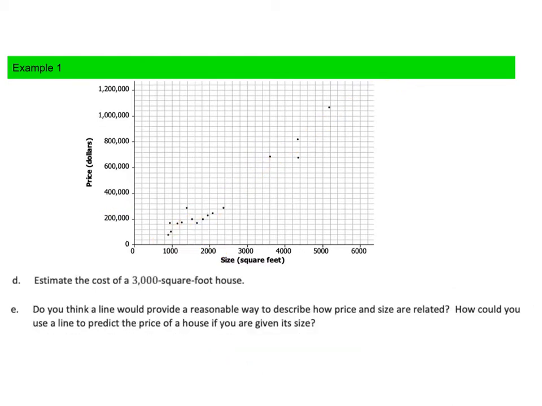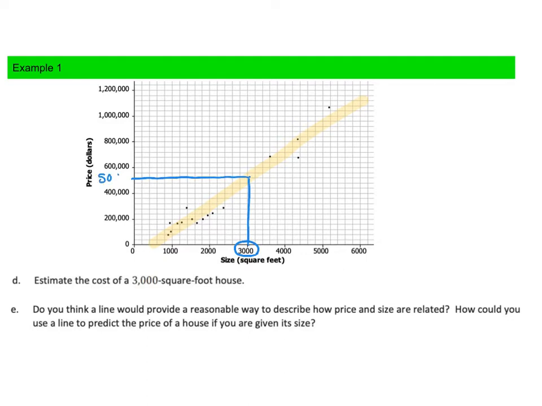All right, based on that line of best fit, it wants us to estimate the cost of a 3,000 square foot house. So if I draw this line of best fit again, and I go to my 3,000 size, and I draw it up until it hits my line of best fit, and then I connect it to my y-axis, this is right in between 400,000 and 600,000.